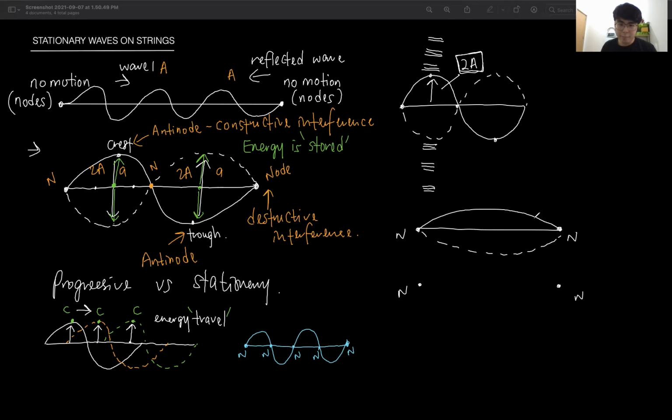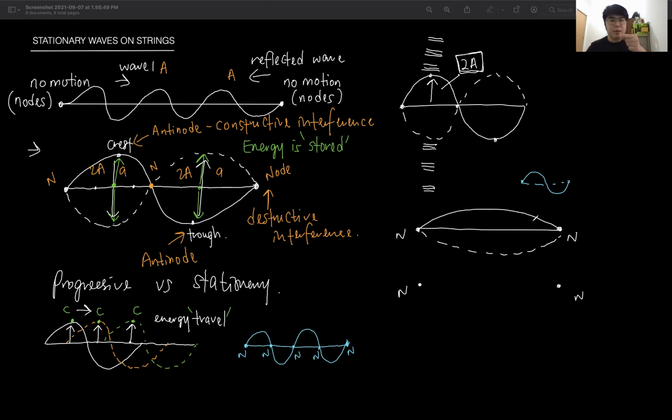The first diagram, how many waves can be fitted between these two nodes? This one is half a wave, right? Because one full wave is a sine graph, so from here to here is only half a wave. So half a wave can be fitted between these two nodes.